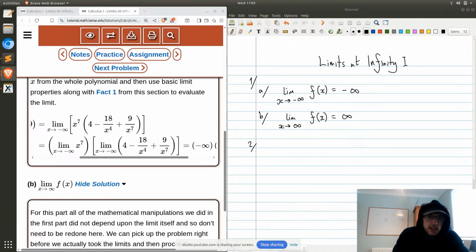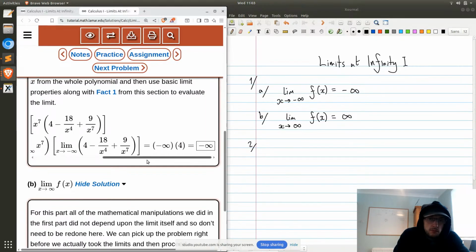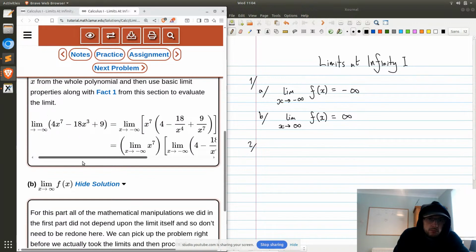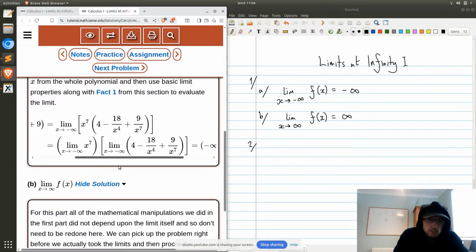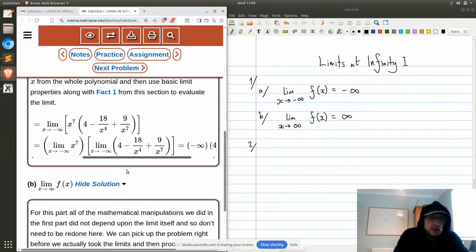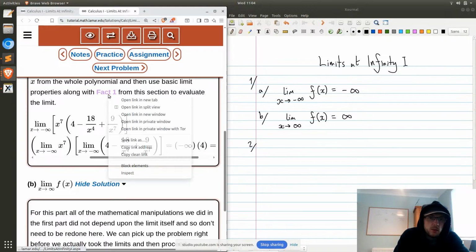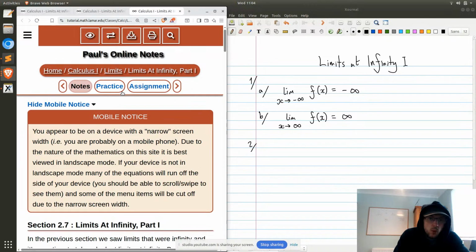All right, so their technique is to divide everything through by x to the 7, or rather to factor out x to the 7, then using fact 1, we can assert that that will just simply turn into 4.